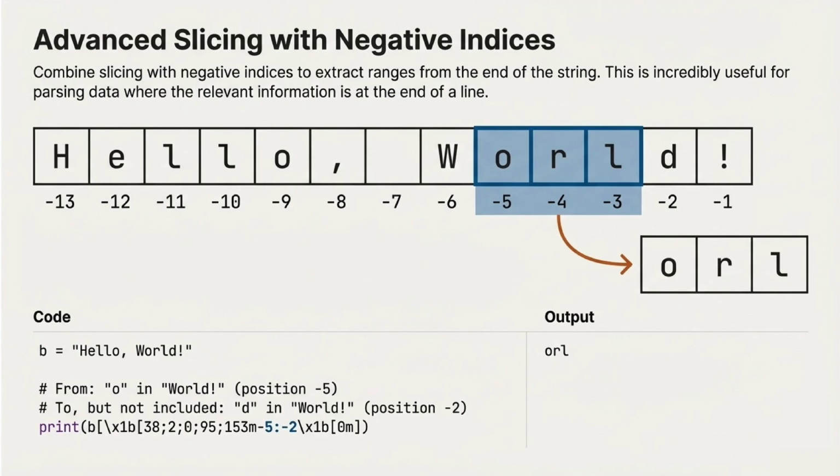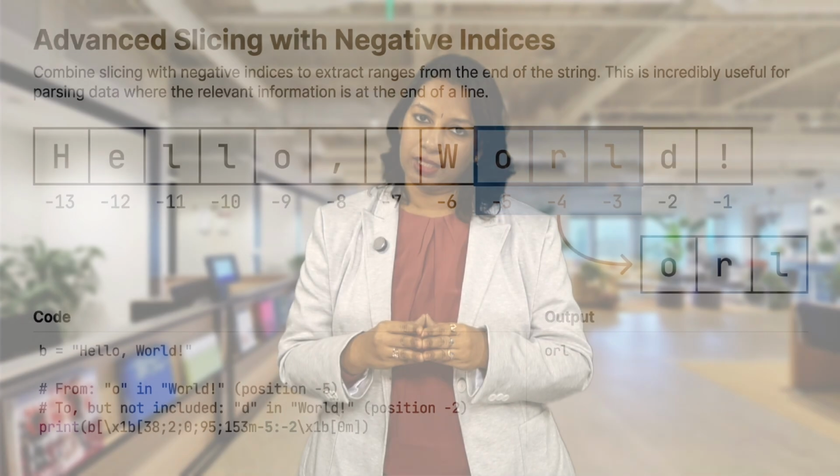In Python, strings are immutable, which means once a string is created, it cannot be changed. Instead of modifying strings, we build new strings by combining or repeating existing ones. Python makes this easy using two operators, the plus operator for concatenation and the asterisk operator for repetition.